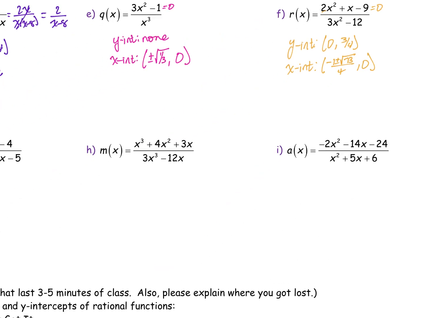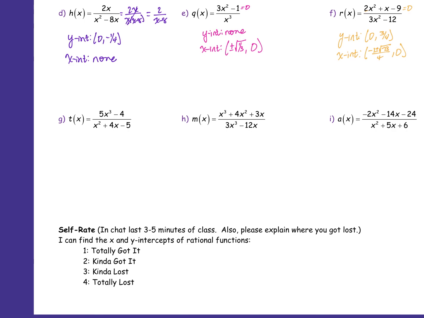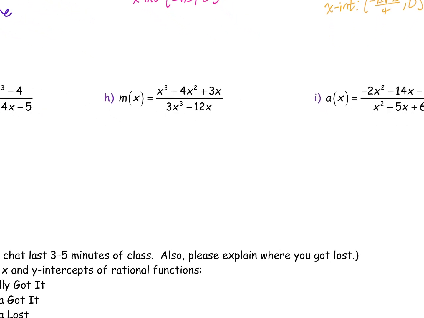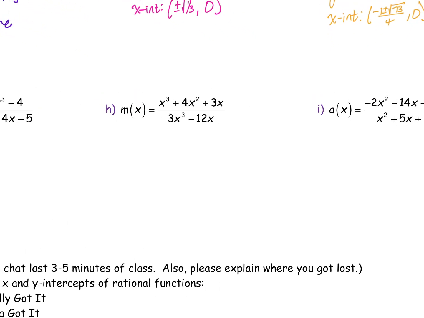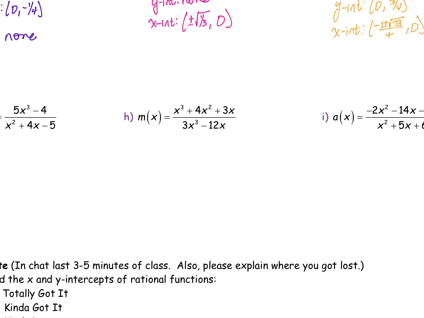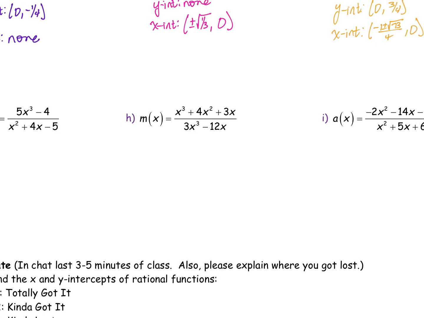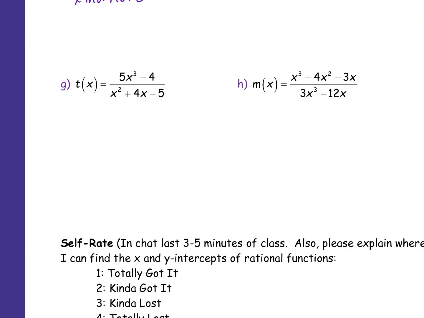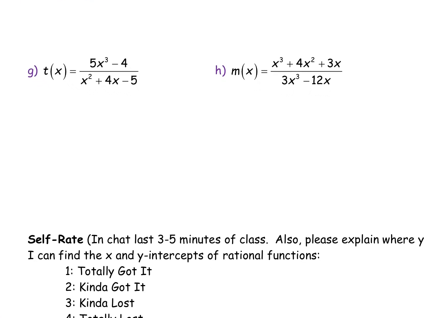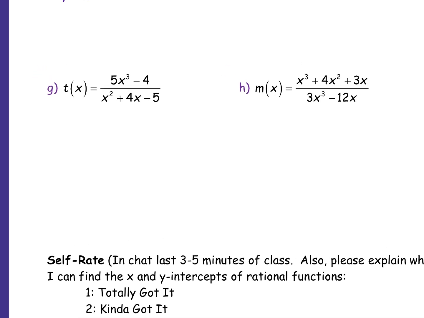Okay, beautiful. 3 more. Oh, sorry, I made it small. I don't know why I made it small. It doesn't simplify. So my y-intercept is going to be 0 and 4/5.